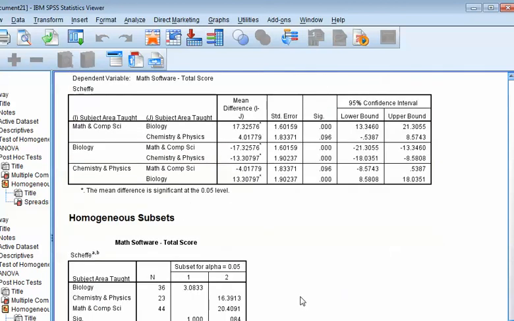So let's take a look at this chart down here. What it's saying is that chemistry and physics and math and computer science are the same, but they're significantly different from the biology group. Okay, so that's how you conduct an analysis of variance and read the output.